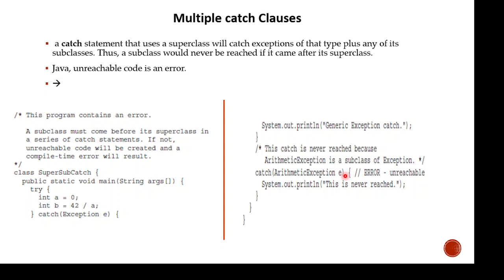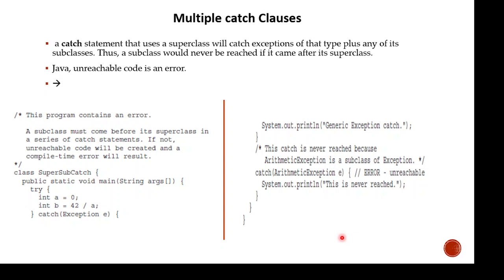Why? Because the exception has already been caught. The first try and the first catch executed, so it is over. It will not go ahead and check the next catch. Since arithmetic exception is a subclass of exception, the first catch statement will handle all exception-based errors, including your arithmetic exception. Therefore, the second catch statement will never execute.